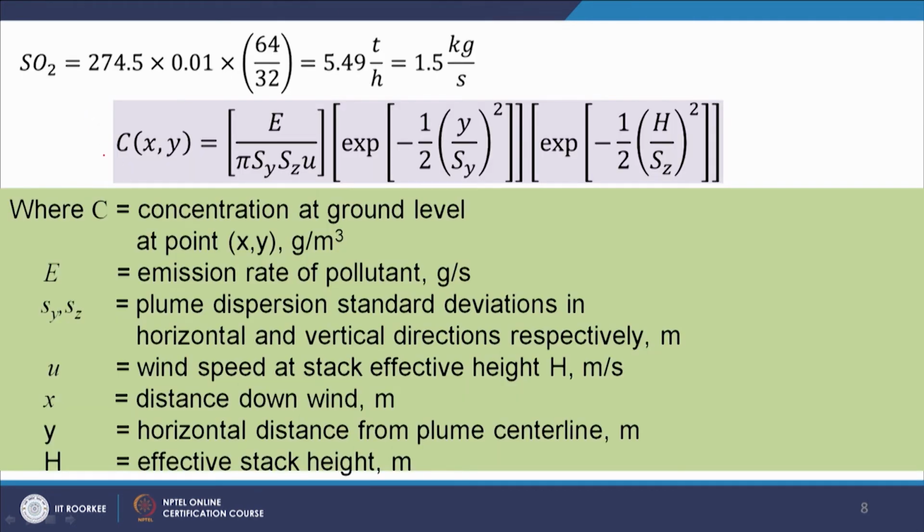We can calculate the concentration of SO2 by using this formula. All terms are defined, we have discussed in the previous class. So, here we will put the value. So, C is the concentration of SO2, that is equal to emission rate in gram per second. So, E we have calculated now: 274.5 into 0.01 into 64 by 32.